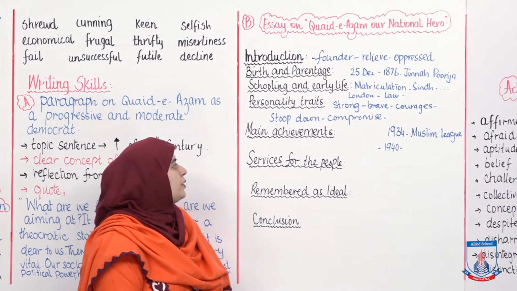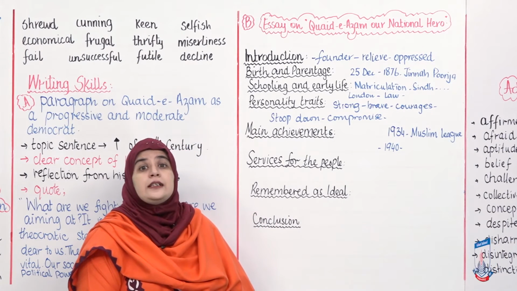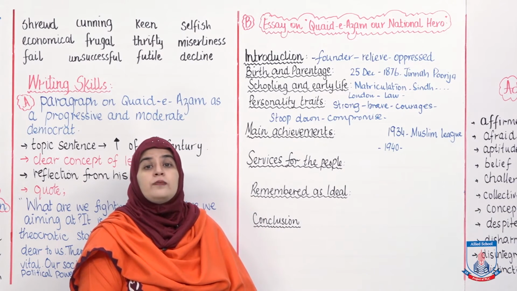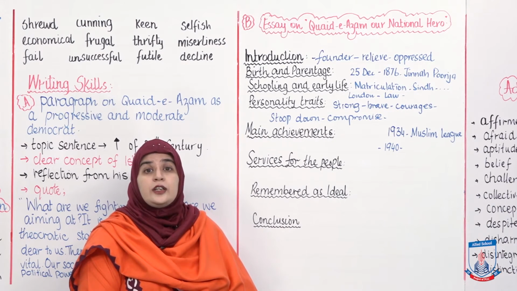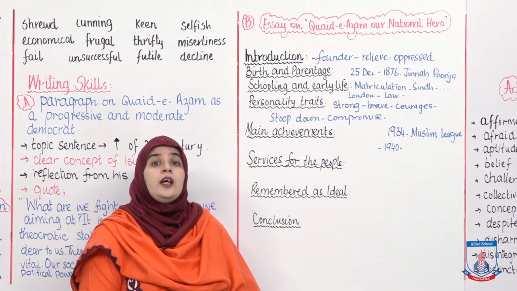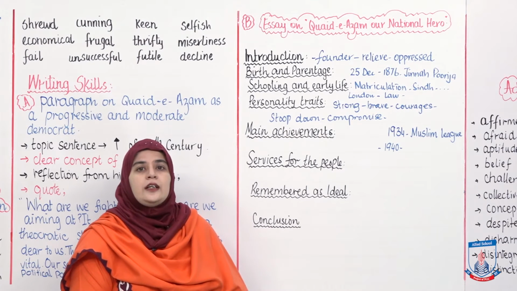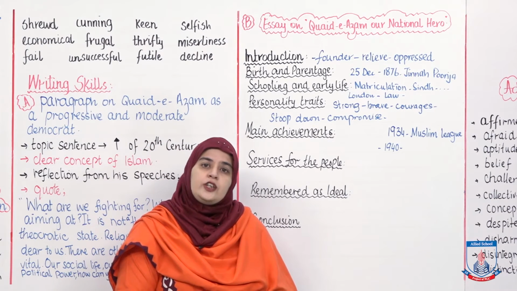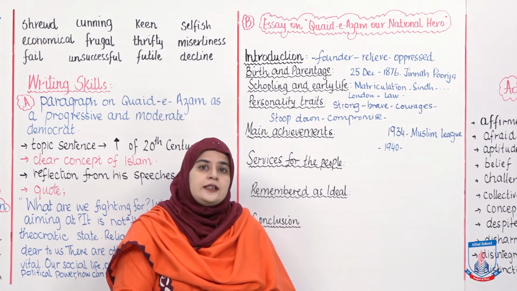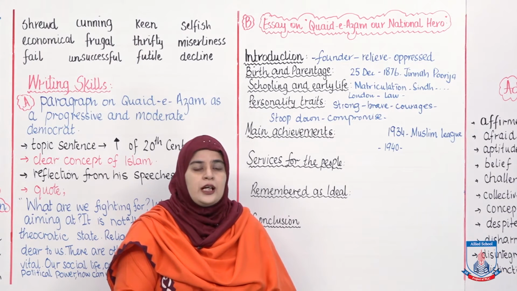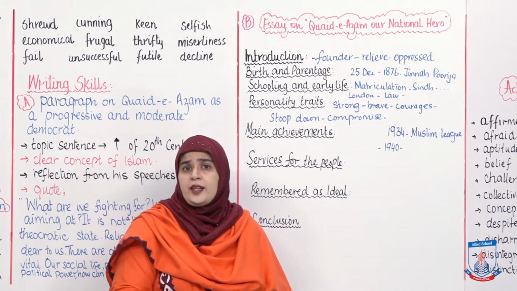And then we come to the main achievements. After Quaid-e-Azam did his degree in law, he came back to Pakistan or the subcontinent. And when he looked at the conditions of the people of subcontinent, he was deeply moved. He decided to join the Indian Congress. But after he joined the Indian Congress, he realized that his and the Hindus' ideologies, customs, religions, thoughts, everything was different.